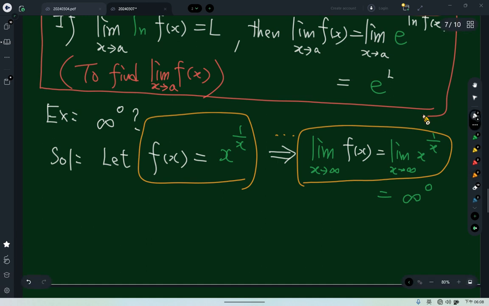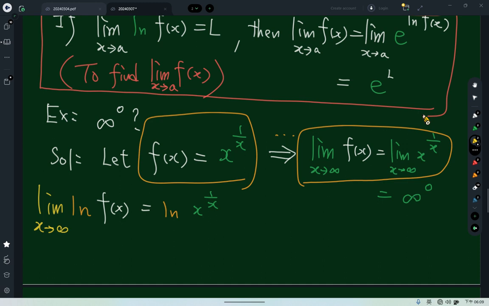Since I constructed the function like this, I take the ln function of x to the power 1 over x. Then I continue to take the limit as x approaches infinity.